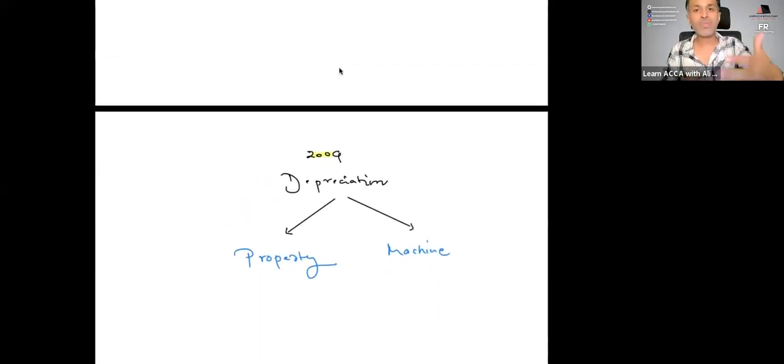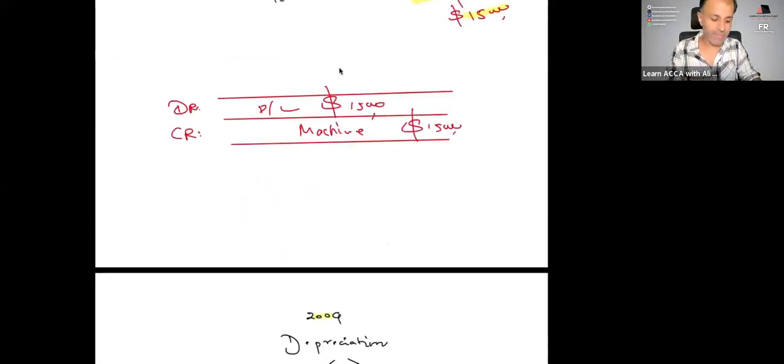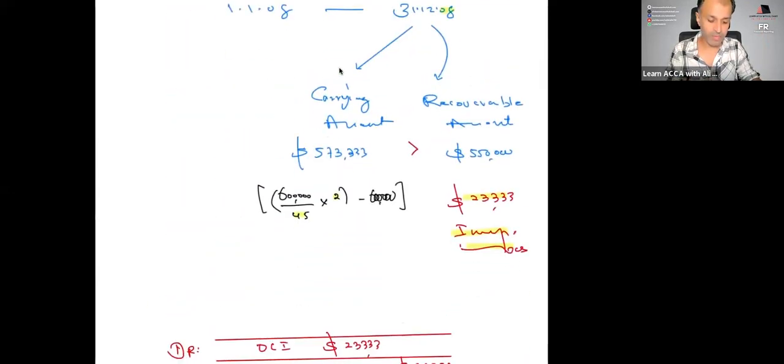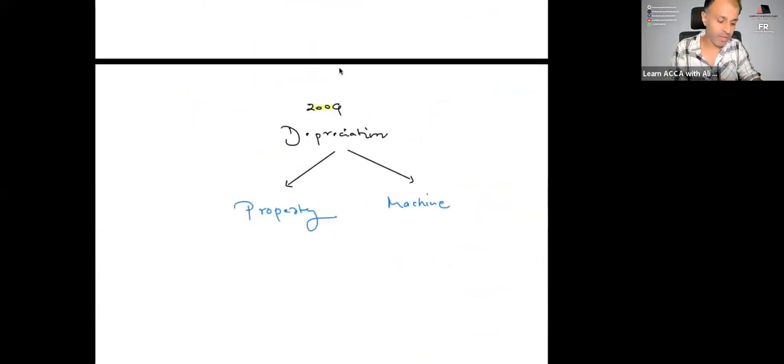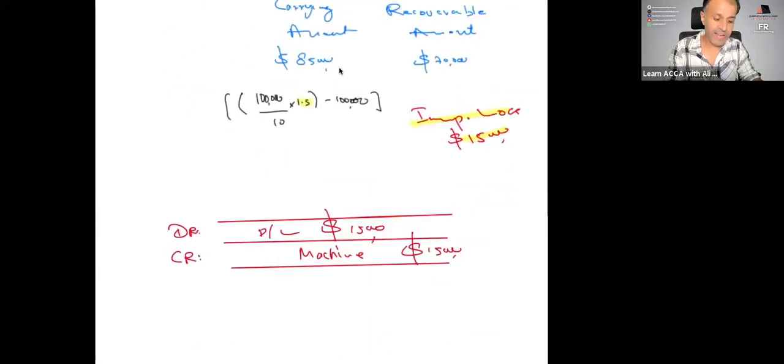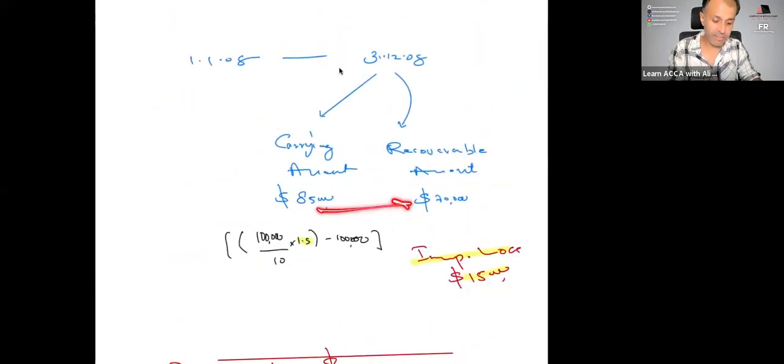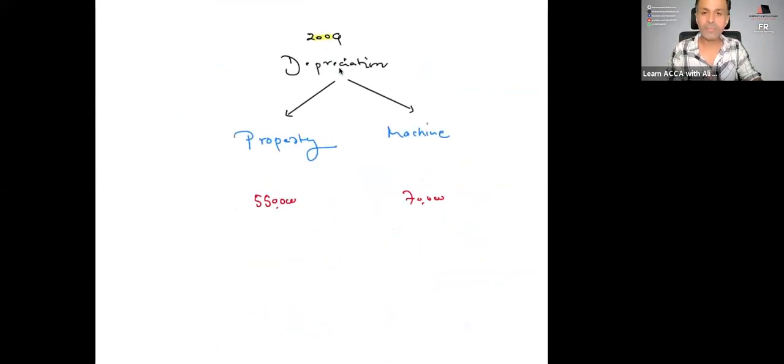So I'm into the year next to the year of impairment. The impaired value of the property, if I remember, was 550,000. After impairment, the value of the property turned out to be 550,000. The impaired value of machinery was 85,000. No, not 85,000, 70,000. Check this out. The value of the machine after impairment turned out to be 70,000.